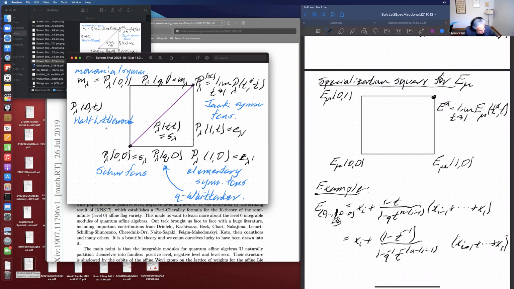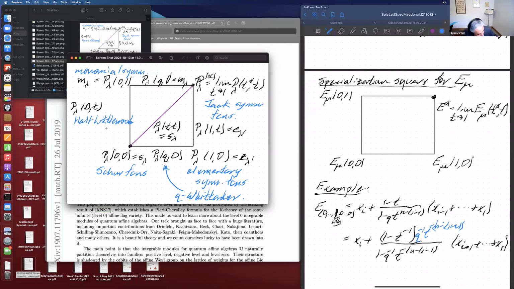Yeah, thank you. So when I change this, you can see that if you just switch q to q inverse and t to t inverse, it's not the same. It's not equal anymore. If you want to get the polynomial to be equal, you have to put some factor to make it equal to what you had before.